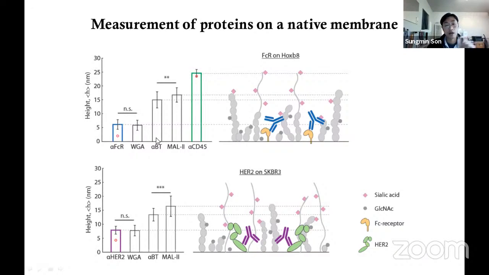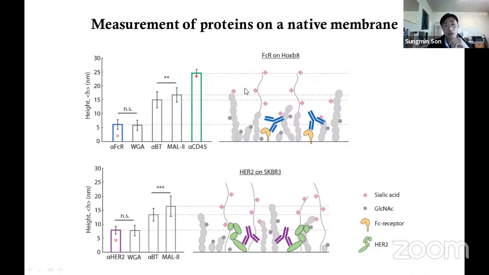That lets us measure the general N-terminal height of proteins. I could also do the same for two different kinds of glycan-targeting lectins. Now we clearly see that CD45 is significantly taller than either the average proteins or the distribution of glycans on those proteins.